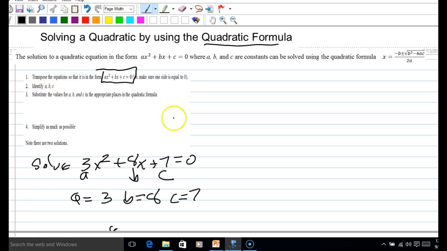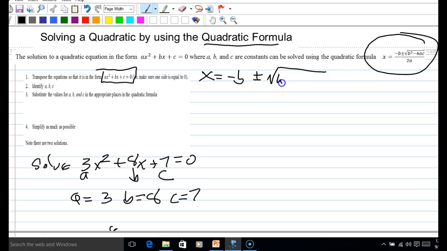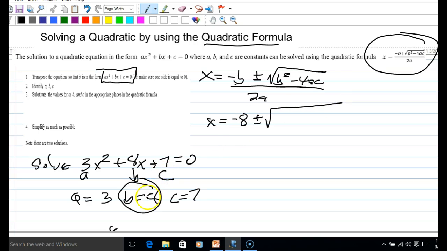So now I'm going to substitute those values into the quadratic formula. And again, this is the quadratic formula. x is equal to the opposite of b plus or minus the square root of the quantity b squared minus 4ac all over 2a. So x is equal to b is 8, so that's the opposite of b, which is negative 8, plus or minus the square root of b squared.